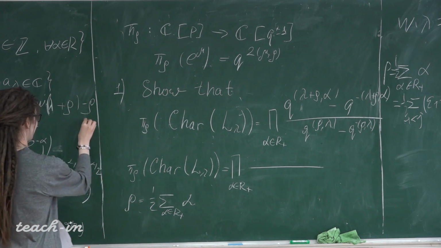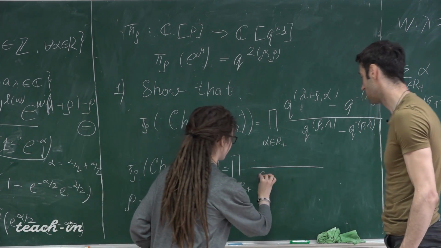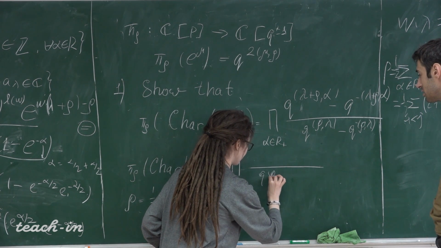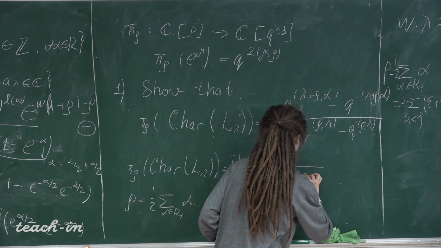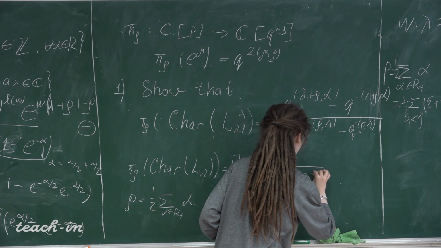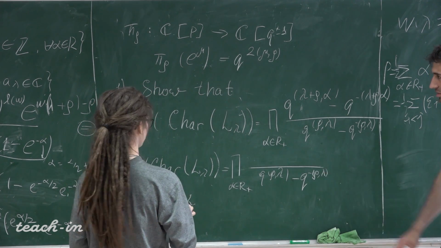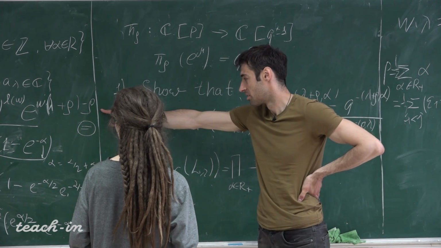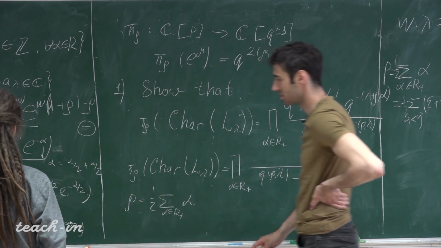So I suggest, your denominator is already there, so write it down. But what's left? You have this expression over the product over all these things, right?